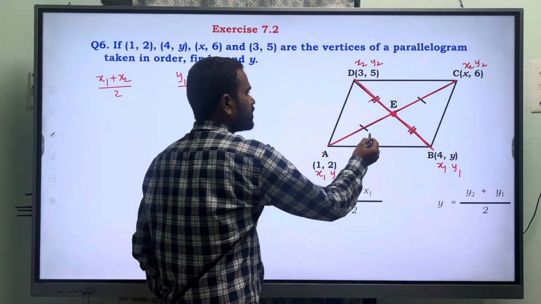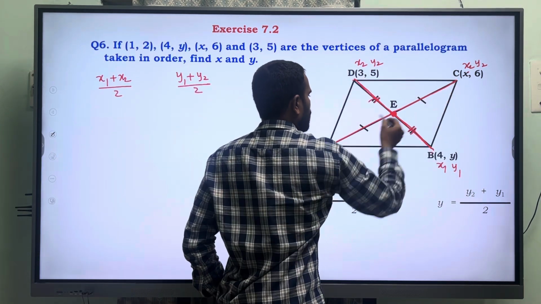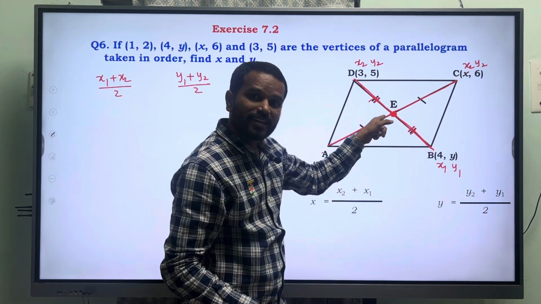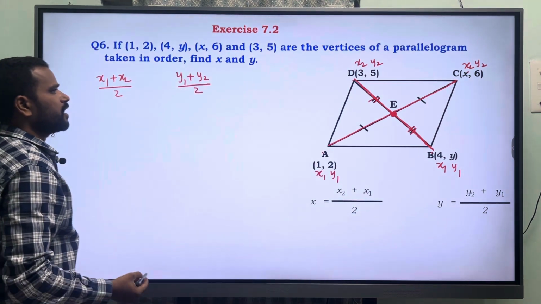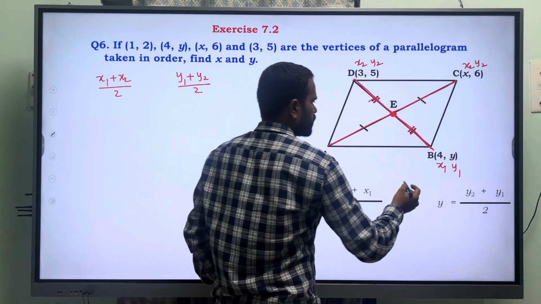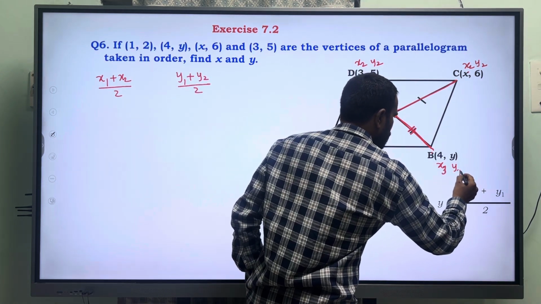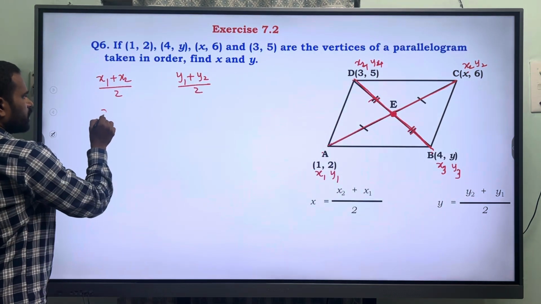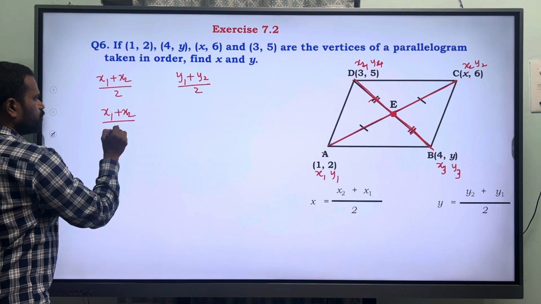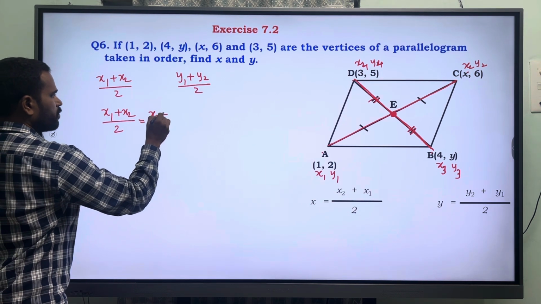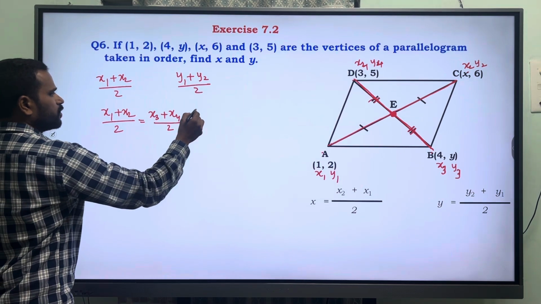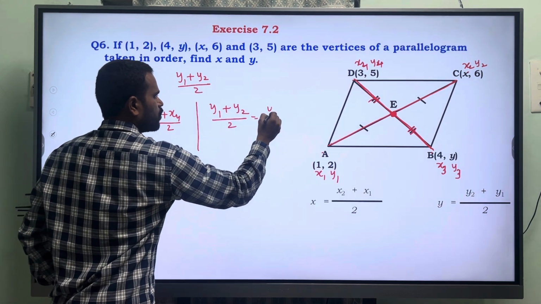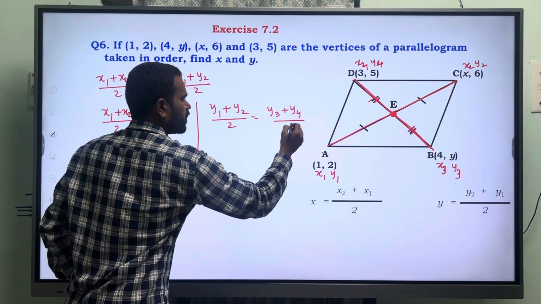And luckily the midpoints of these are the same point, so they will be equal. So as to reduce our confusion, we will make this x3 y3, x4 y4. See here, x1 plus x2 by 2 is equal to x3 plus x4 by 2. This is one. y1 plus y2 by 2 is equal to y3 plus y4 by 2.